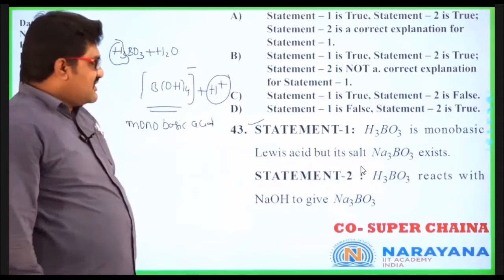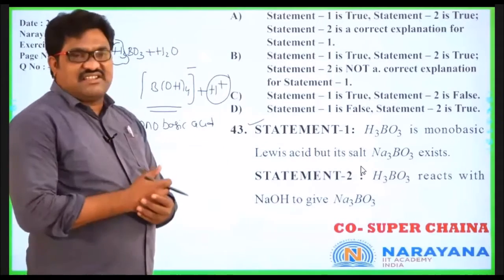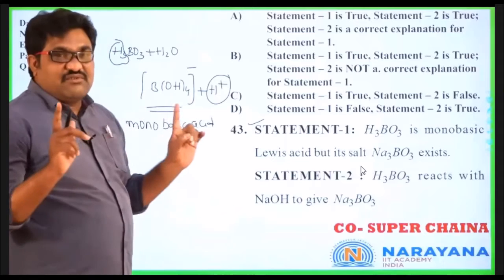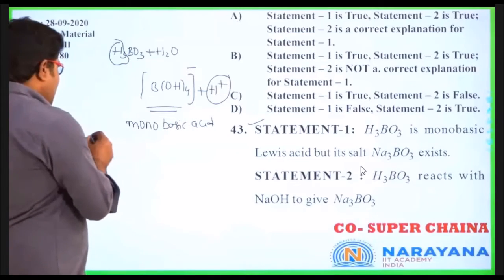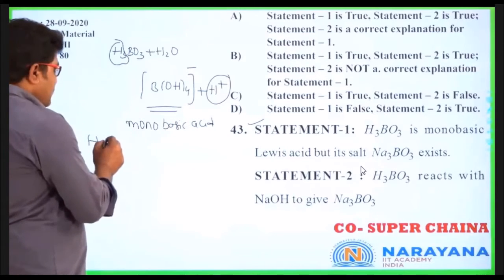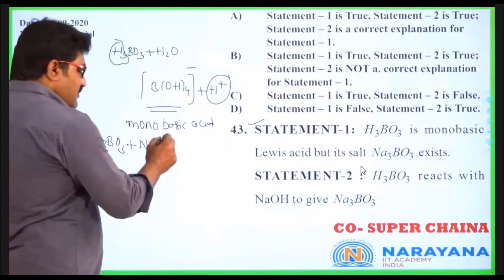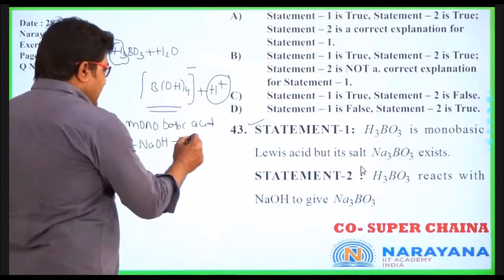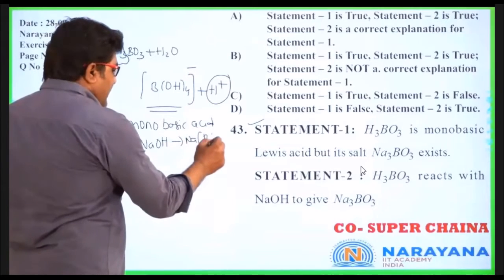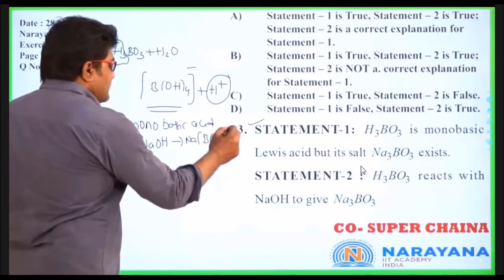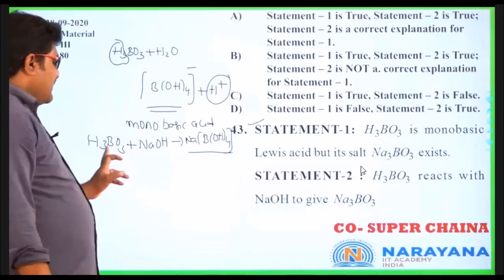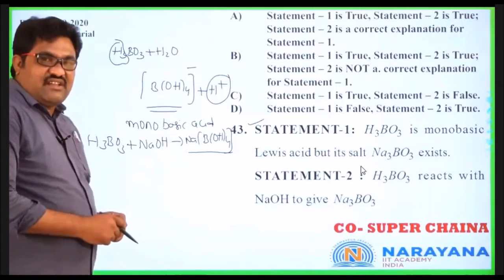Here, H3BO3 reacts with NaOH to give Na3BO3? But when H3BO3 reacts with NaOH, the compound formed is NaB(OH)4. This is the compound formed when H3BO3 reacts with NaOH.